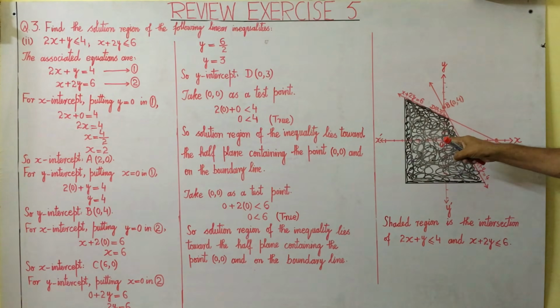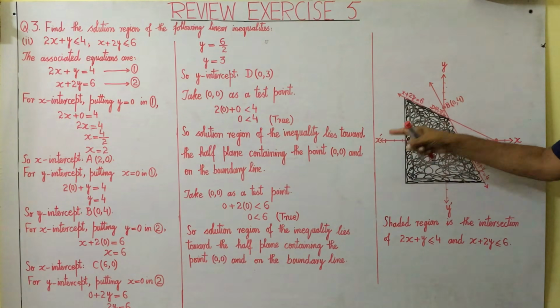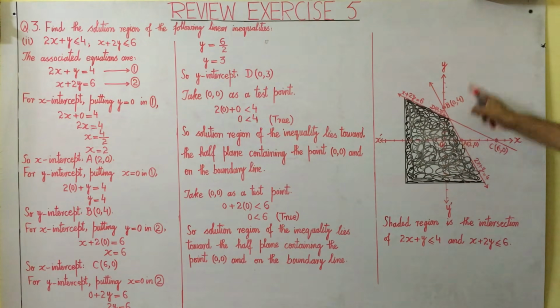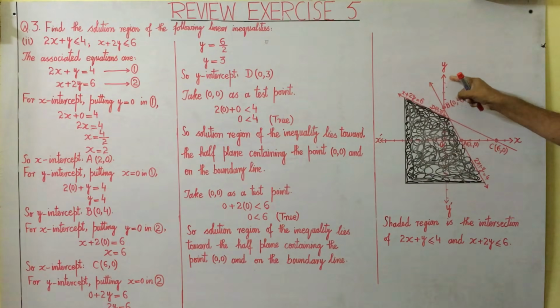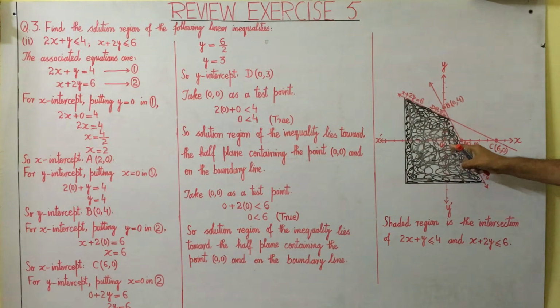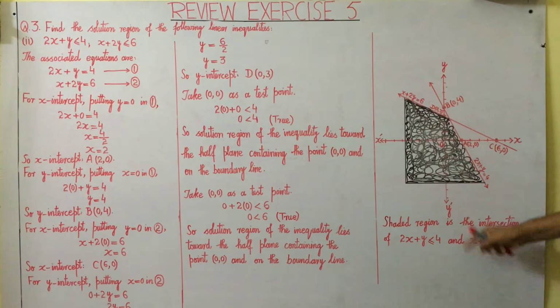Here in this case, I have taken 1 inch. 1, 2, 3, 4, 5, 6, 7, again minus 1, minus 2, minus 3, minus 4, minus 5, minus 6, minus 7 and so on. Similarly on the y-axis.